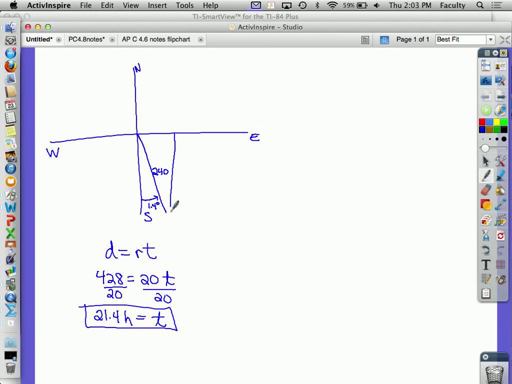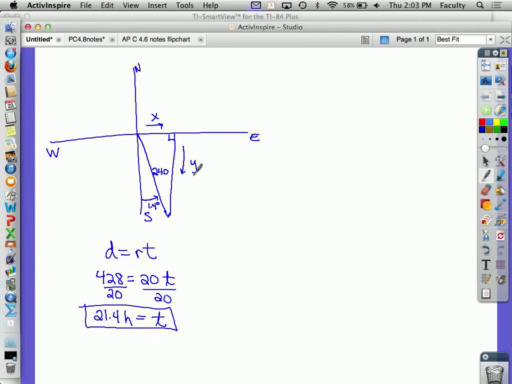Now the question is, they want to know how far east and how far south have we gone. So they're really asking us to find the x and the y value. Now what's different is they didn't give me the angle inside this triangle. However, this rotation is this angle here. Do you understand that?